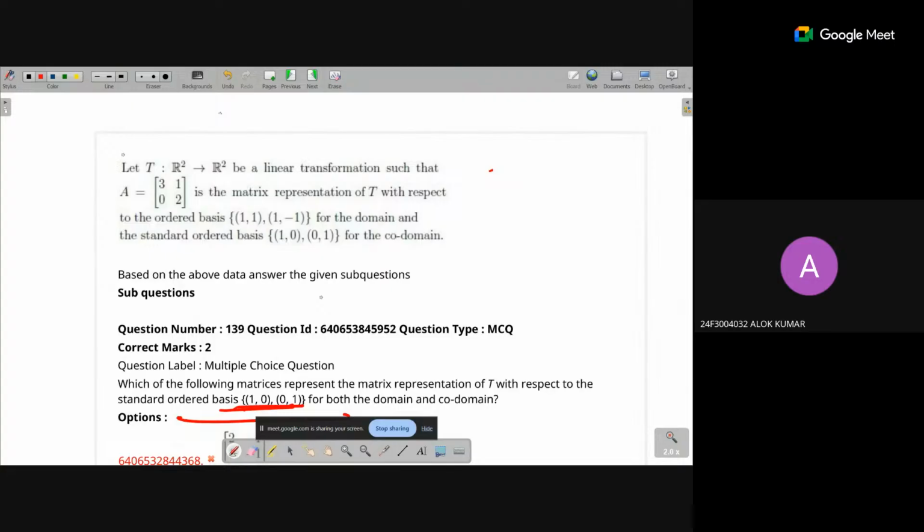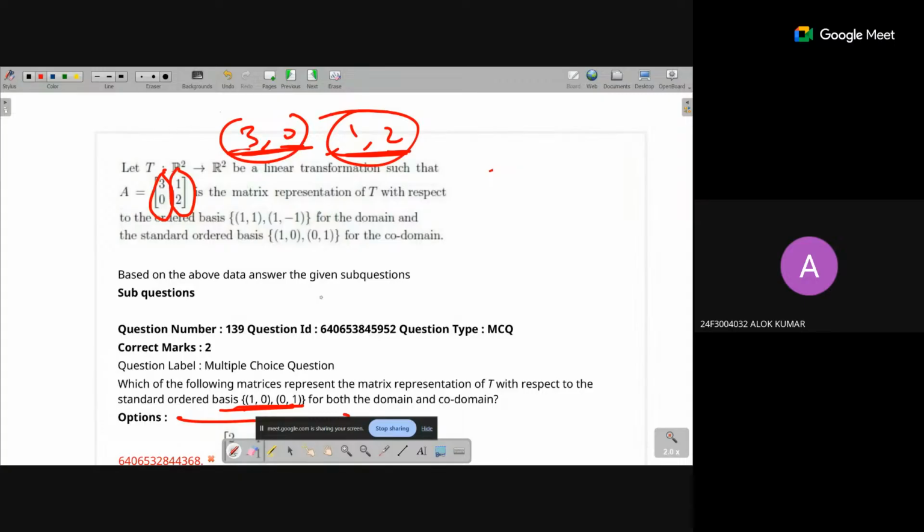So what does the content of the matrix mean? What does each column of the matrix mean? Can anybody tell me what 3, 0 represents, and what 1, 2 represents, in column 2 of matrix A?